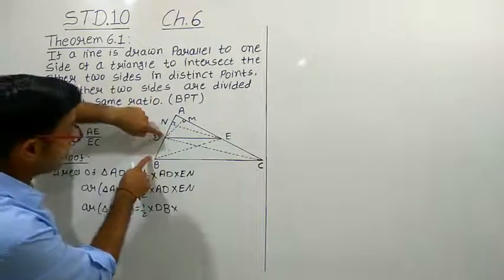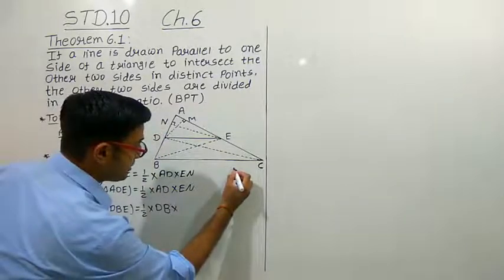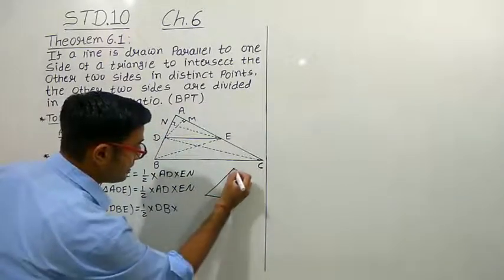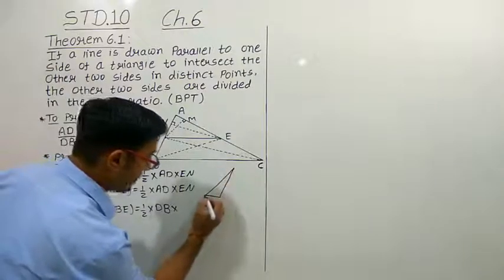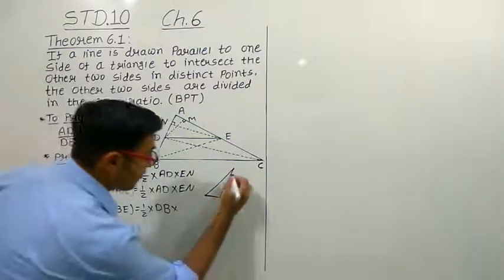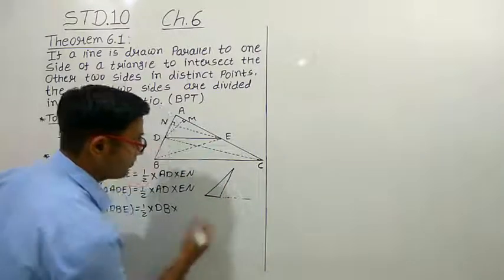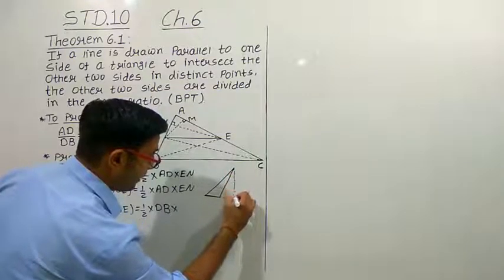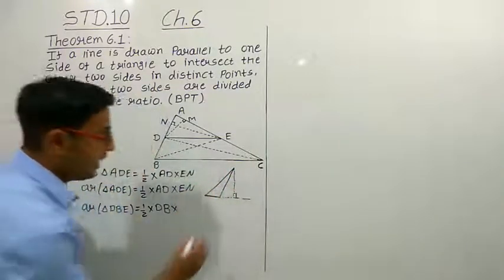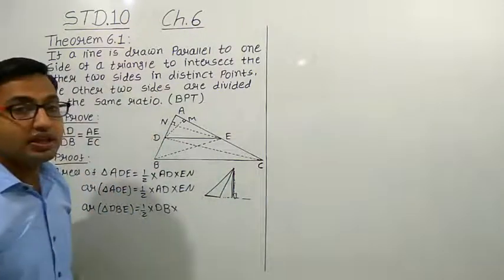It is not on DB itself because some triangles are like this. See, this is a triangle, so we cannot draw the altitude on this base. So what are we doing? We extend the base, and from the vertex we draw the perpendicular, and this perpendicular is called the altitude.